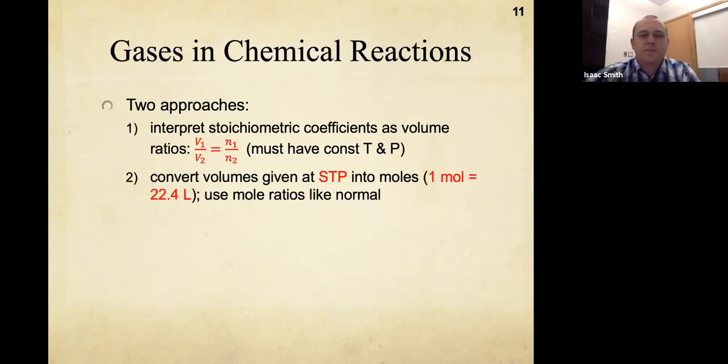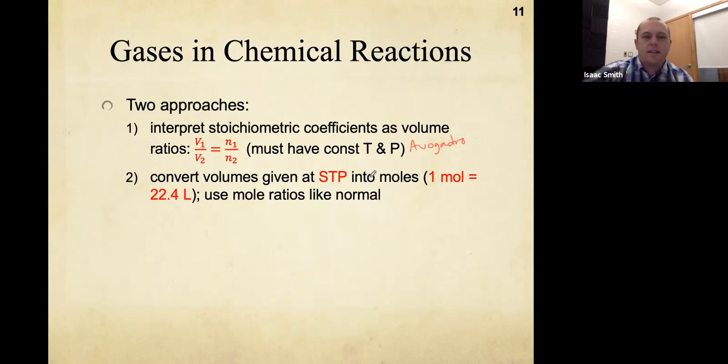All right, so we've talked about how to deal with gases in chemical reactions in 2 different ways so far. You can either interpret the stoichiometric coefficients as volume ratios. This is only in cases where Avogadro's law applies, so you have to have a constant temperature and pressure, and they both need to be gases, whatever you're converting between.